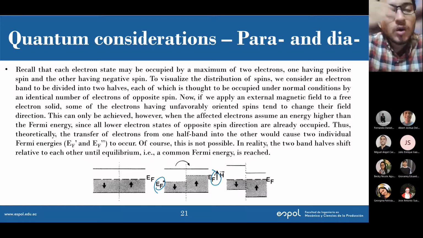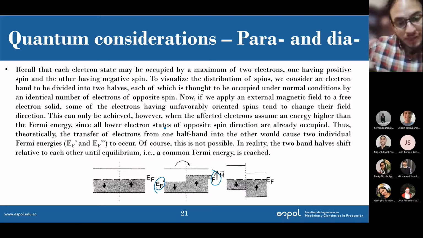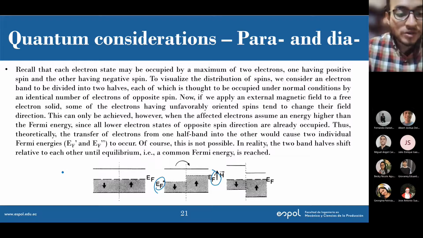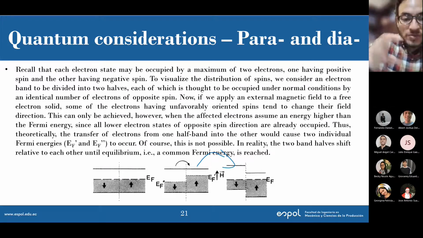And so what occurs is that these two band halves will shift relative to each other until we reach equilibrium. And obviously equilibrium means one single Fermi energy. So what happens from here to here? You can see they shift, so they move so that both can be aligned.